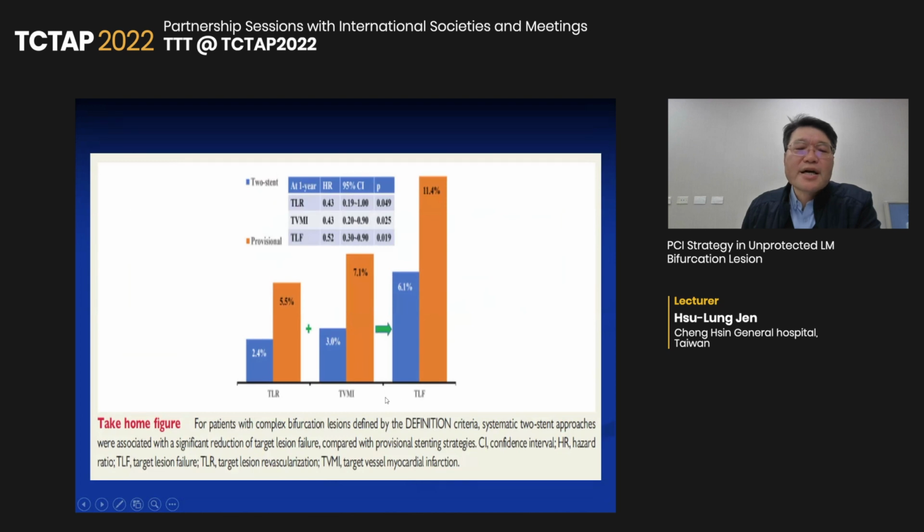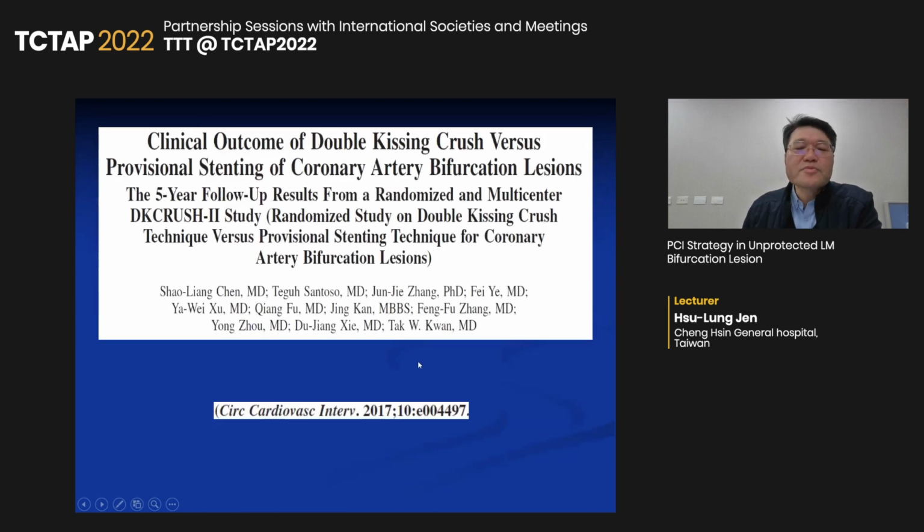So for the complex bifurcation lesion, the bars show that the two-stent strategy can significantly reduce target vessel revascularization, target vessel myocardial infarction, and target vessel failure compared with the provisional stent strategy.